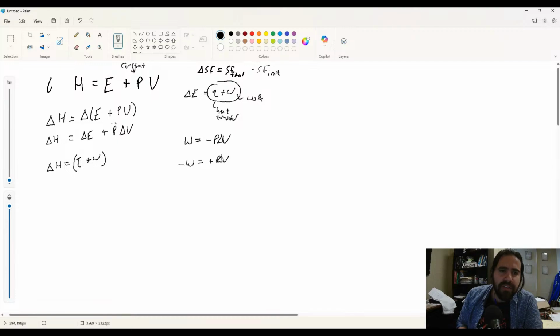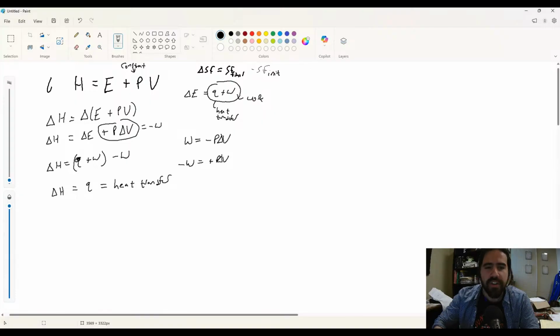So this right here actually equals minus W. So if we swap that out, we end up with something like this. And now you're like, well, wait a second, Dr. K, there's a plus W and a minus W. So does that mean, yes, that's right. That means that delta H at a constant pressure is equal to Q. What that means then is that the change of enthalpy is equal to the heat transfer.